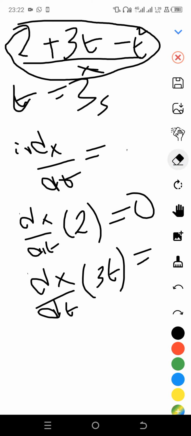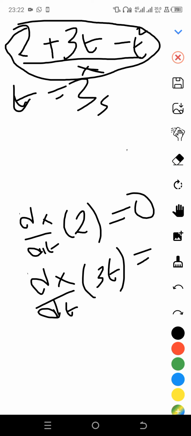Of course, there is something we need to understand here. Taking the derivative of 3t means removing the t. Why do I say so? When taking the derivative, you take the power and multiply it with the coefficient. Since here the power is 1, you say 1 multiplied by 3 times t to the power 1 minus 1.